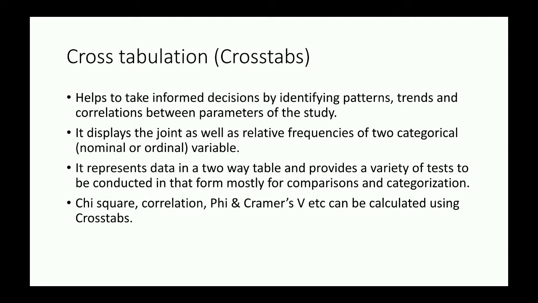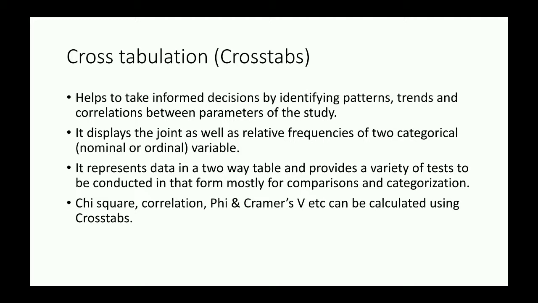It represents data in a two-way table and provides a variety of tests to be conducted in that form, mostly for comparisons and categorizations. So mostly when we present our variables in a cross tabular manner, we are using it for a better comparison or categorization. You can categorize the values or groups on the basis of the need of your research.